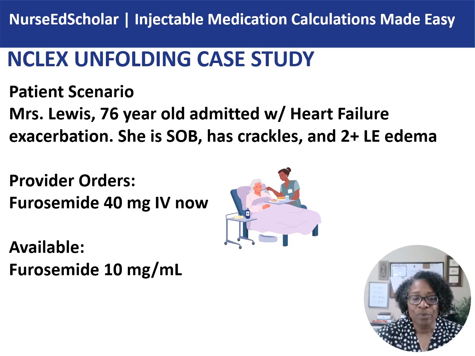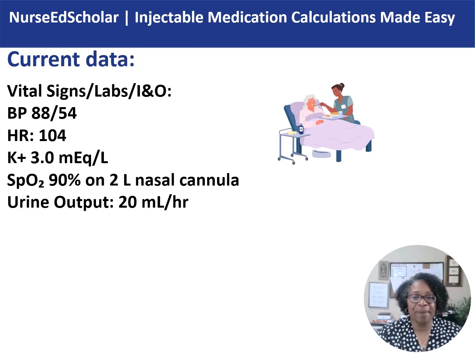You assess your patient: blood pressure is 88/54, heart rate is 104, potassium is 3.0. She's on 2 liters of O2 at 90%, and her urine output is 20 milliliters an hour. If you remember, it's supposed to be 30, right?